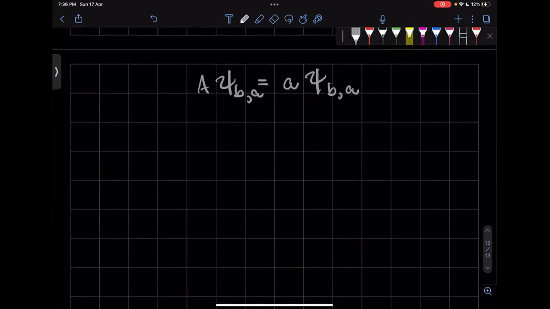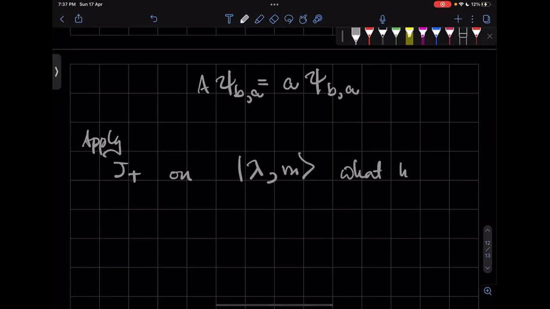Now let's come back to J plus and see what the result is of applying J plus on one of these states. If I apply J plus on, say, |λ, m⟩, what happens to the J3 eigenvalue?